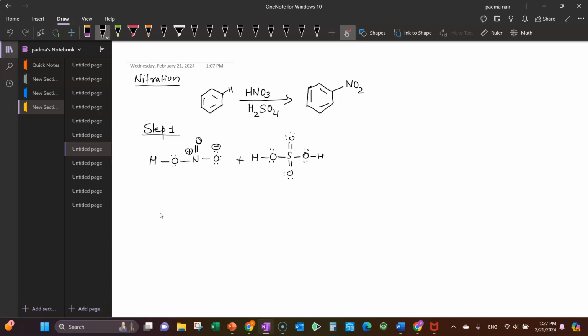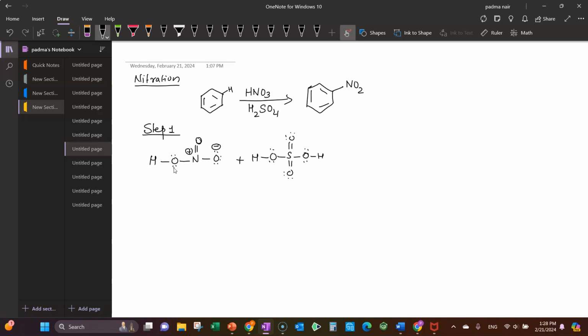Okay. Now in the first reaction, what happens is nitric acid actually acts as a base to react with this acid, sulfuric acid. So it's a little different reaction, because we always know HNO3 as an acid, but relatively speaking, sulfuric acid is stronger. So this acts as an acid, and HNO3 acts as a base in this reaction.